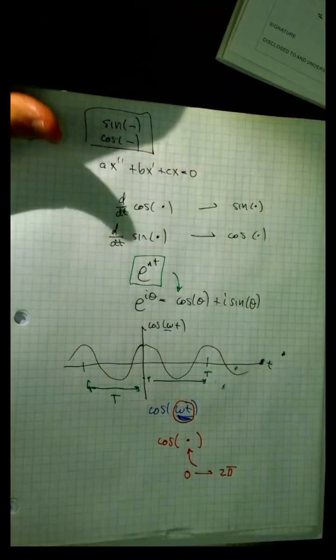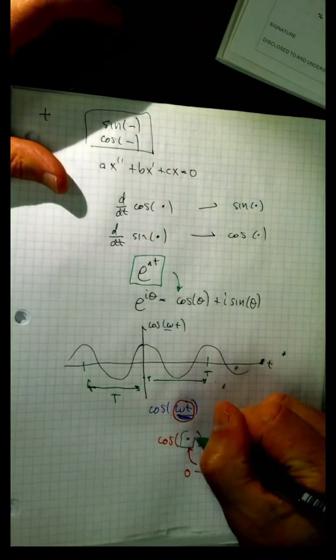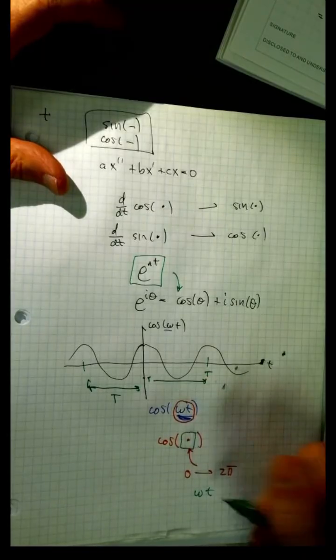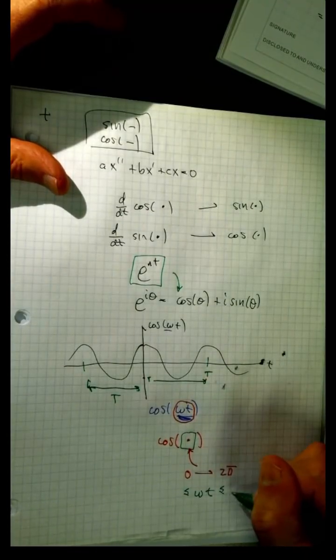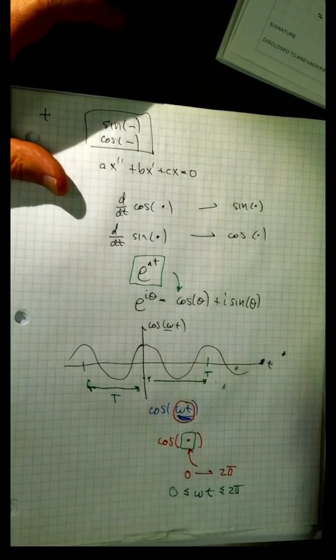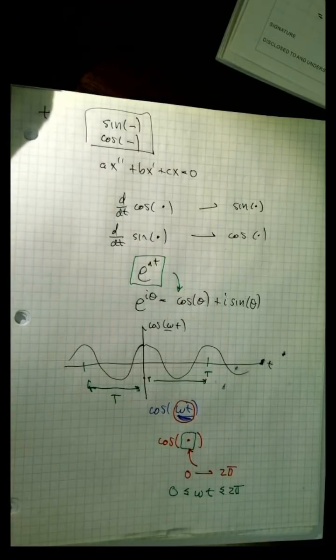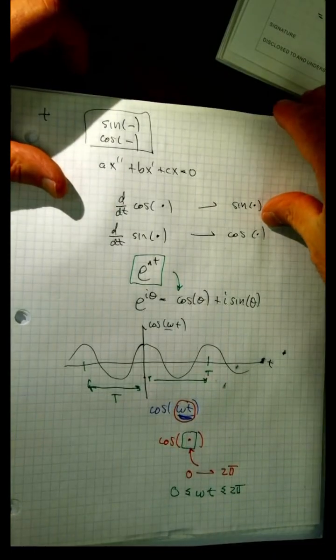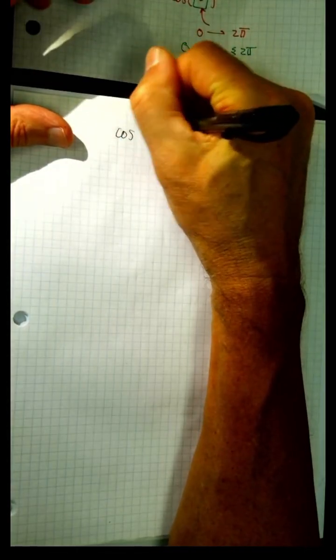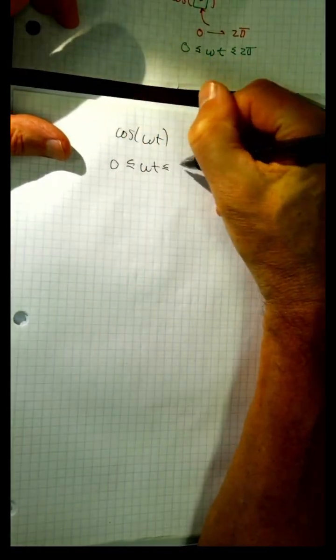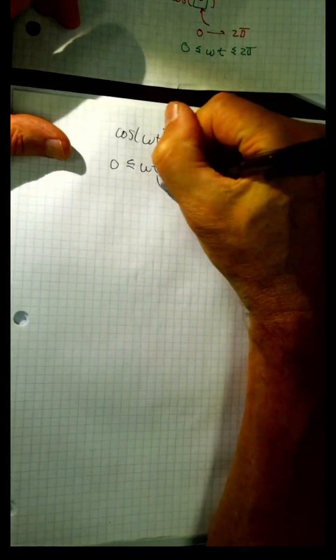You look at everything that goes inside here, in this case the omega t, and you want to ask for what time will that go through one whole cycle. So what do we have? We have cosine of omega t. We know that as omega t goes from 0 to 2 pi, the t will go through one whole period.